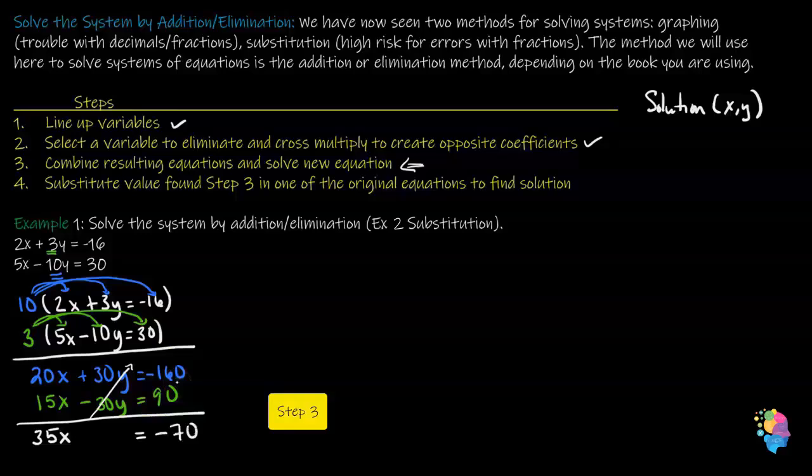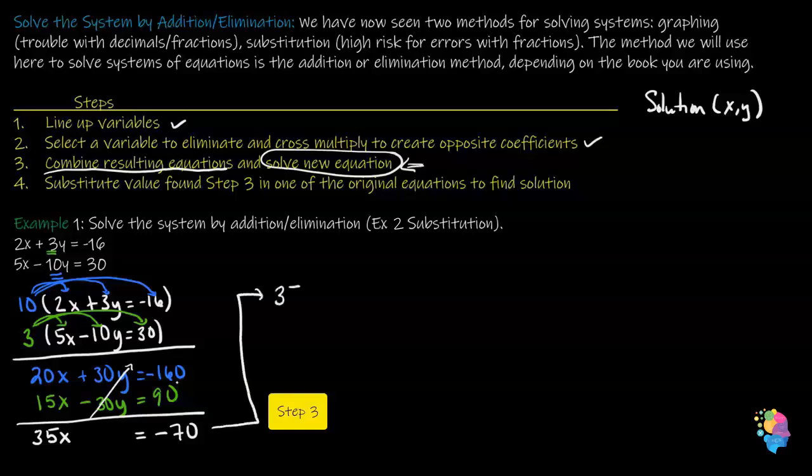So we have almost completed step 3. All we did was combine the resulting equations. We still need to solve the new equation. So I'm going to bring my equation up here because I ran out of space. So this is 35x is equal to negative 70. Now the way we solve equations is the following. We're going to find where x is located.